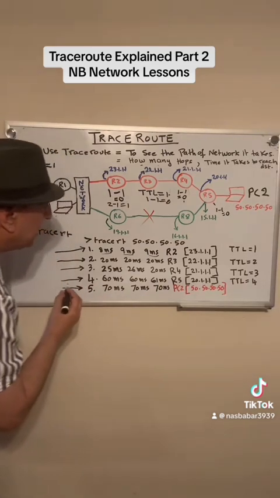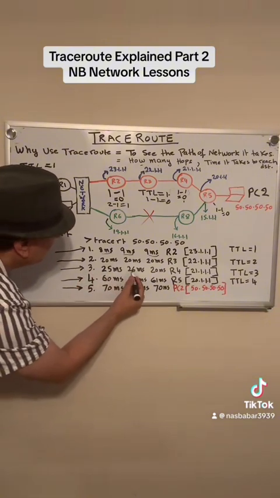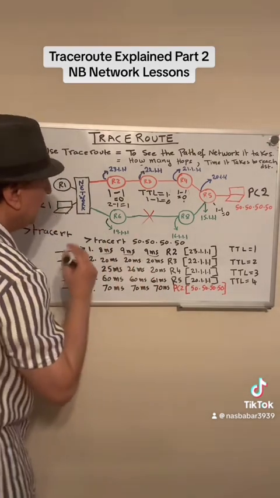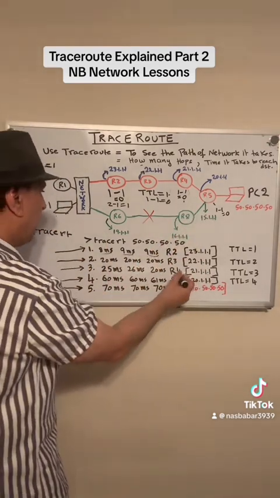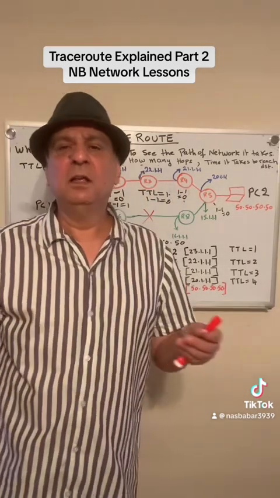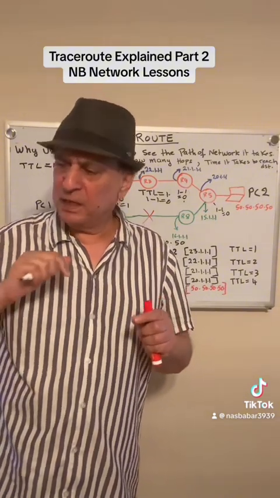If you're looking right here, this is what we have. Number 3, 25 milliseconds, 26 milliseconds, 20 milliseconds, 3 tries, 3 ICMP. And then basically R4 is sending back type 11 code 0, which is basically, hey, time to live has exceeded, and I'm sending it back to you.